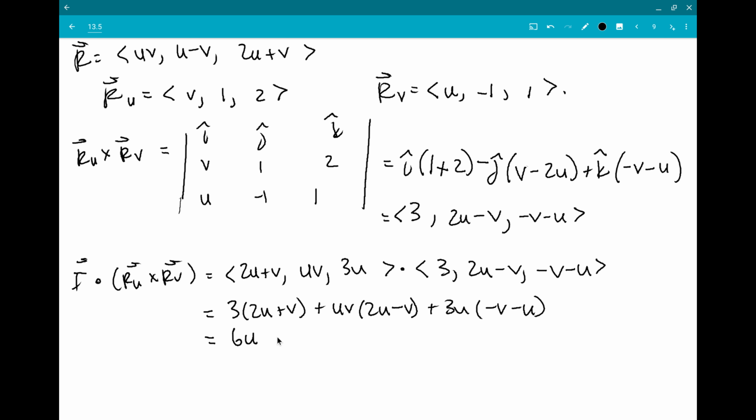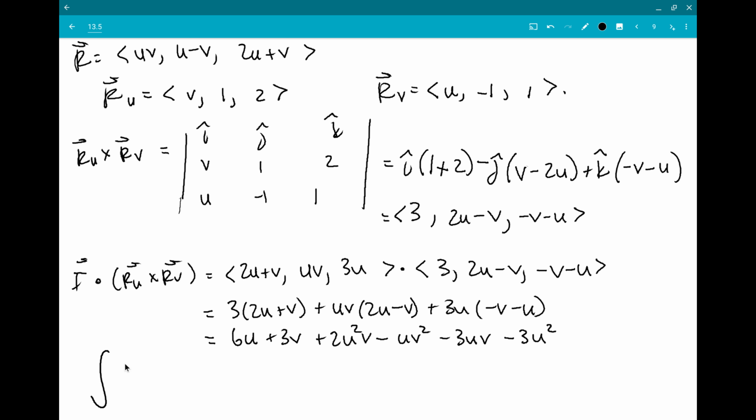So 6u plus 3v plus 2u squared v minus uv squared minus 3uv minus 3u squared. And none of those components simplify, so that's what we've got.